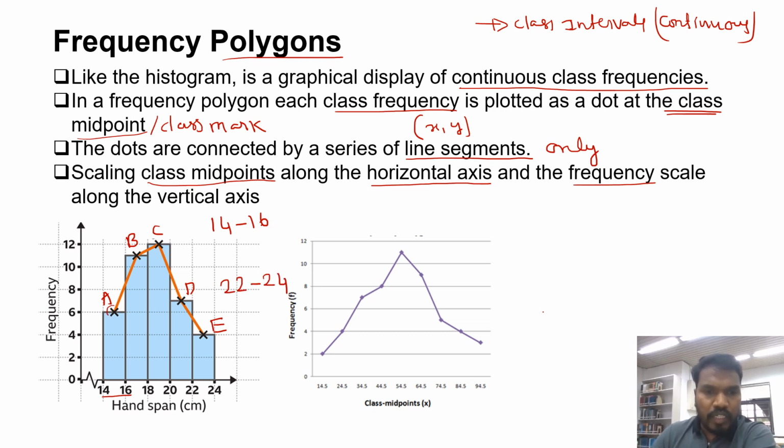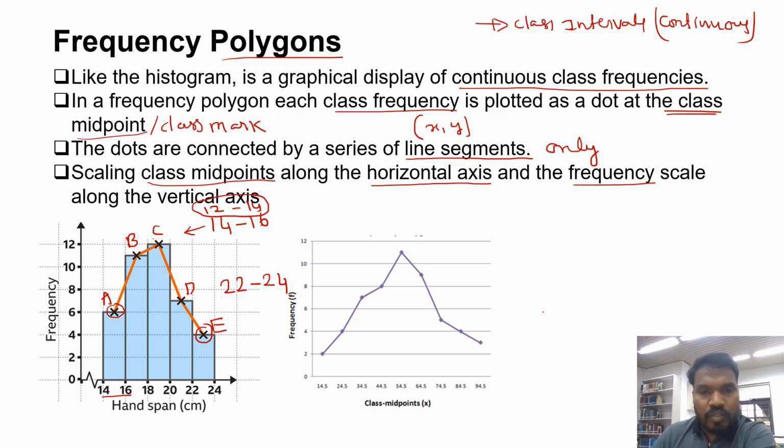Now the connection is only till here, but I want to close the figure so that it looks like a closed figure. So I will take one more class interval just before the starting one. The class interval before this is 12 to 14.